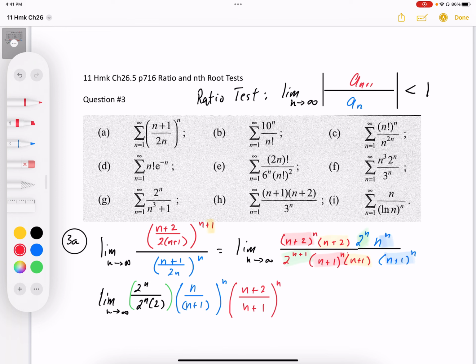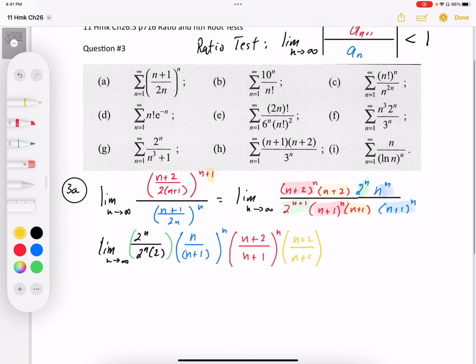And then lastly, I'm going to have the n plus 2 over n plus 1. Okay, so grouping all this together, we can now evaluate this limit.